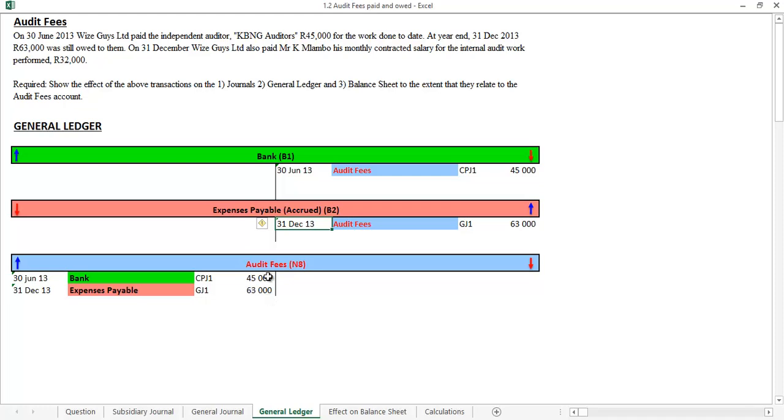So you can see the first transaction we paid in cash, my bank decreased. The second transaction we still owe that, so my liability increased. Both of them we've used the services of the auditor, so my expense increases on the debit side. The one we've paid, the other one we still owed, but due to the accrual principle, we need to record the expense for both of them.